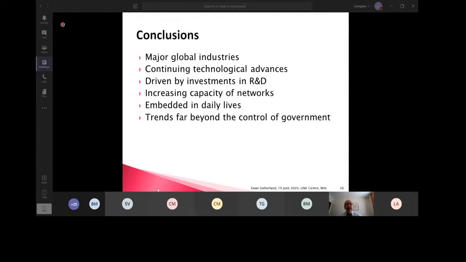The network capacities increase. The technologies are embedded in our daily lives. Even if we don't appreciate it, we are typically now carrying devices and going into homes with other devices which are using multiple frequency bands. And those trends are not easy to control. They are trends which, in a sense, we have to live with.